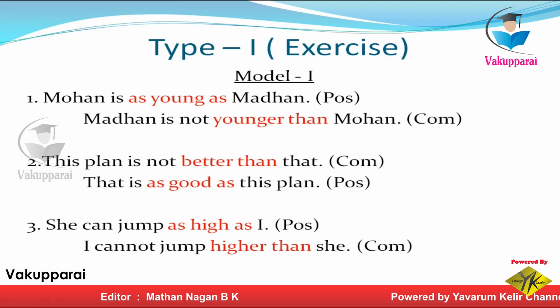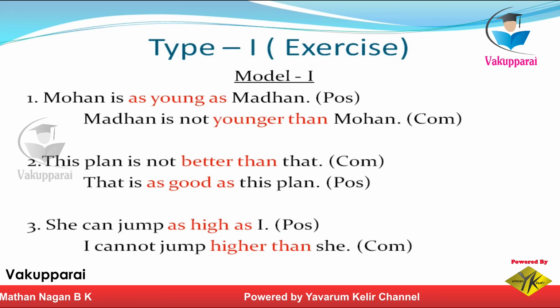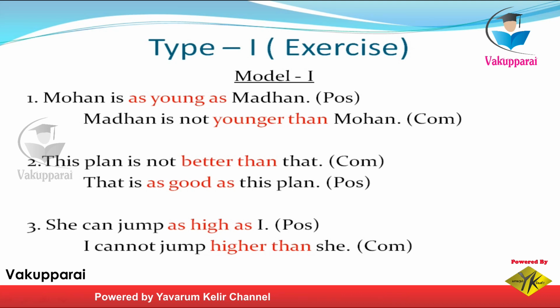The action of she is compared with I. So we have to add not to the given verb. She can jump as high as I is changed into I cannot jump higher than she. Okay, got it?